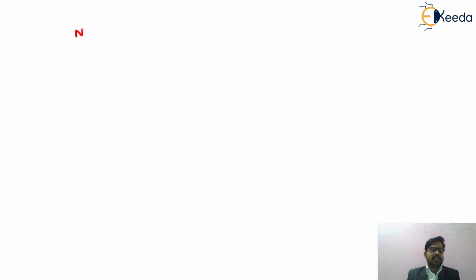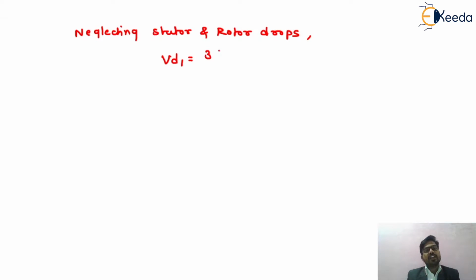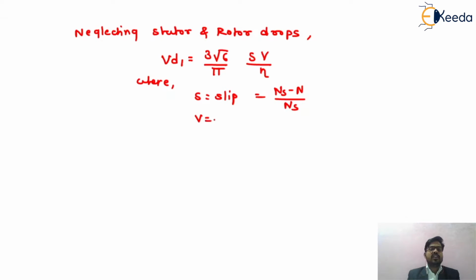First of all, we neglect the stator and rotor drops. While neglecting the stator and rotor drops, we get the output voltage of the converter, that is VD1 equal to 3 into root 6 by pi into S V N. Here VD1 is the voltage across converter 1, S is the slip, which is equal to (Ns minus N) upon Ns, V is the voltage of your supply, and N is the stator to rotor turns ratio.